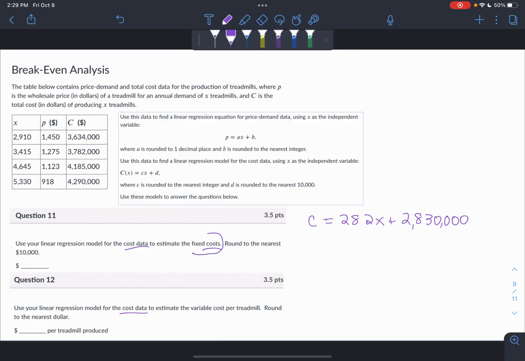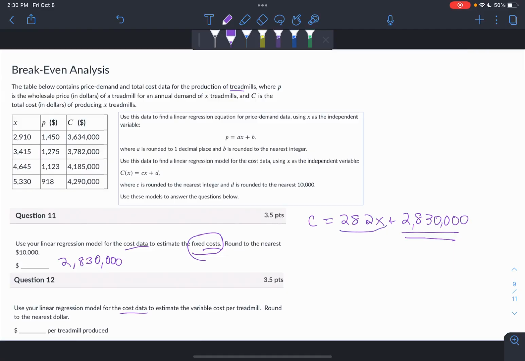So whether we sell 0 treadmills or 100 of them, my fixed costs are always going to be this amount. It's fixed, right? So this is going to be 2,830,000. And then for 12, we want the variable cost. So this is the cost that will change depending on how many treadmills we sell. And that comes from this term of our cost function. So this will be 282.